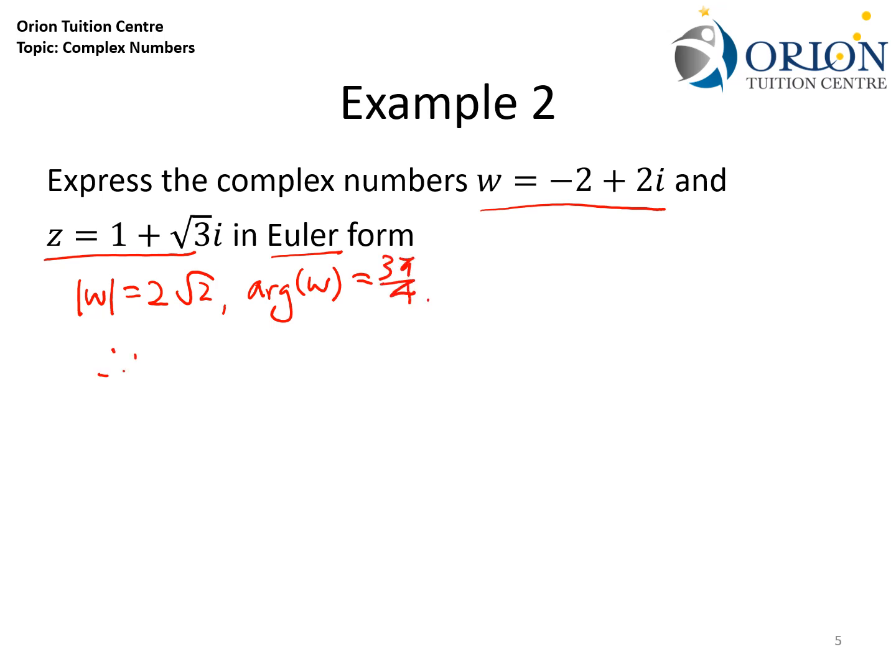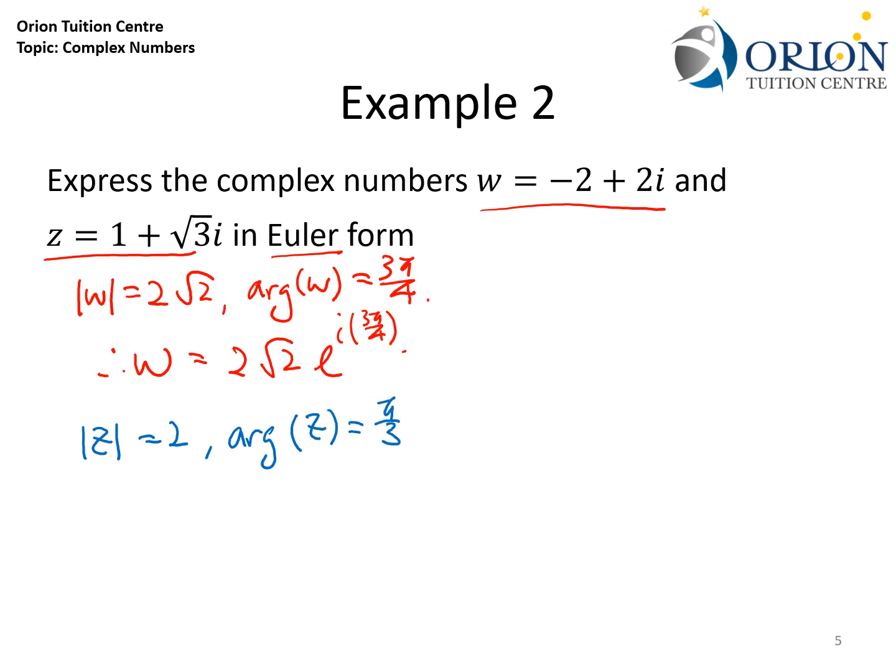Therefore, the complex number w is equal to r e to the power of i theta, which is 2 square root 2 e to the power of i 3 pi over 4. Likewise, for z, its modulus will be equal to 2 and its argument will be equal to pi over 3. And therefore, the complex number z can be written as 2 e to the power of i pi over 3.